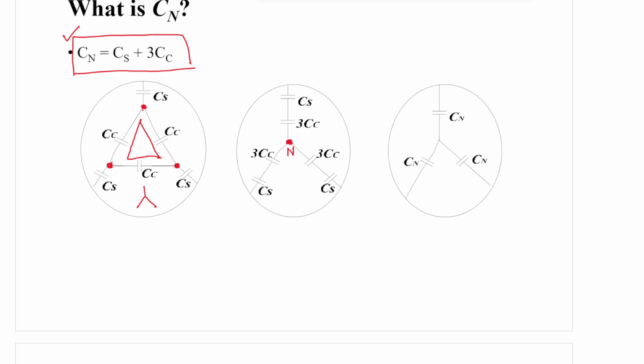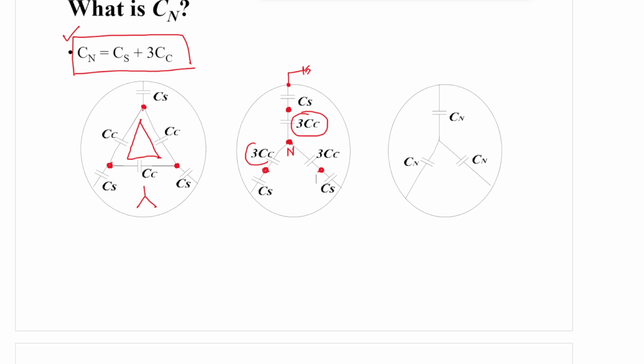This is the neutral point, and this is also ground, that is, the sheath is always grounded. When three capacitances of the same value are converted from delta to star, each becomes 3 times. And we have a core at this point, the conductor.